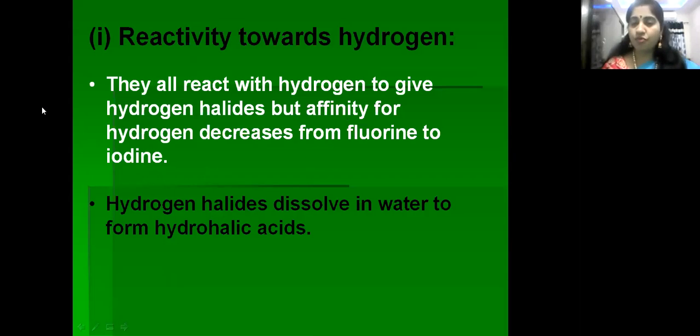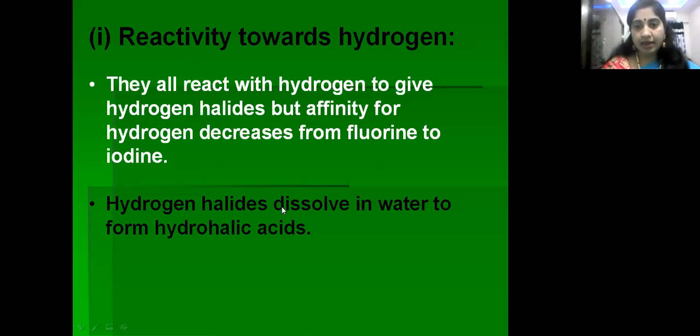So it means fluorine can easily form a hydrogen halide, that is, hydrogen fluoride can form more easily than hydrogen iodide, because the affinity towards hydrogen decreases from fluorine to iodine.